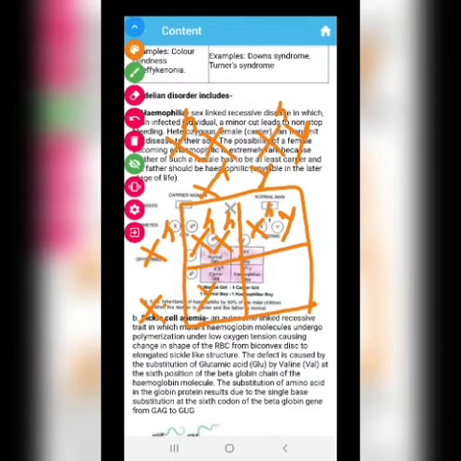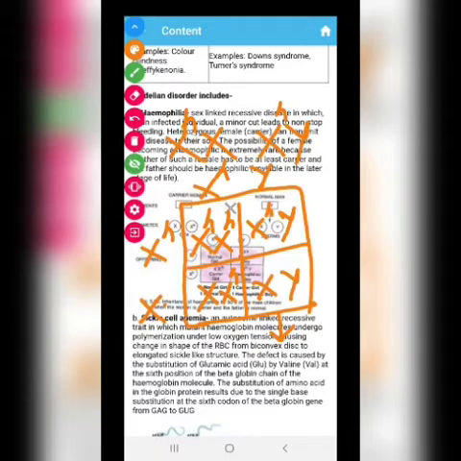Then there will be another child, a female, who will be a carrier of the hemophilic gene, and the last child, a son, will be normal, without any carrier status, without any hemophilic problem.